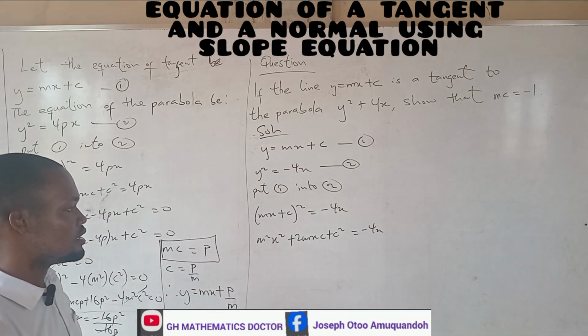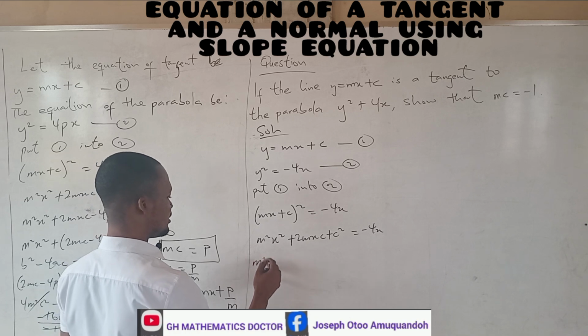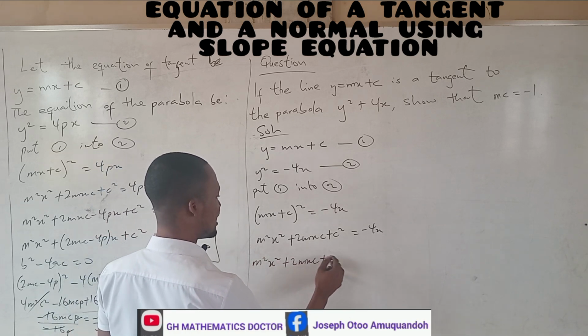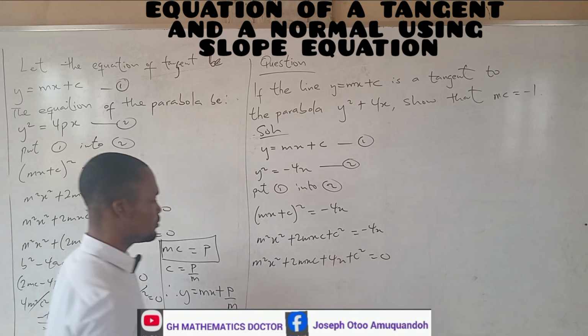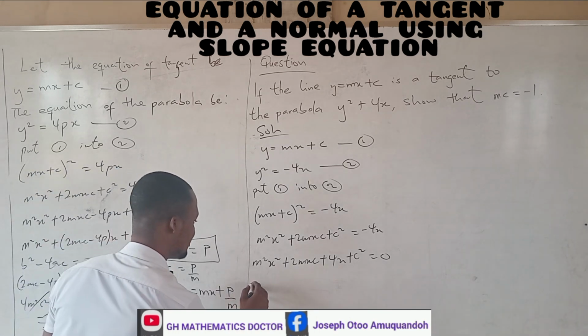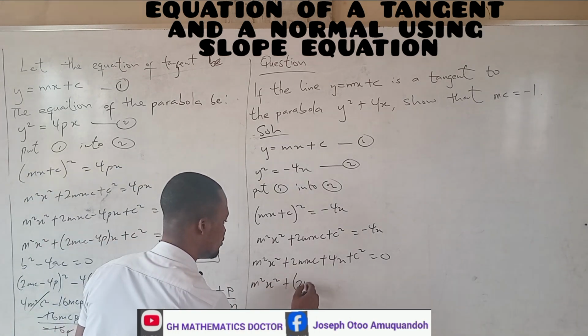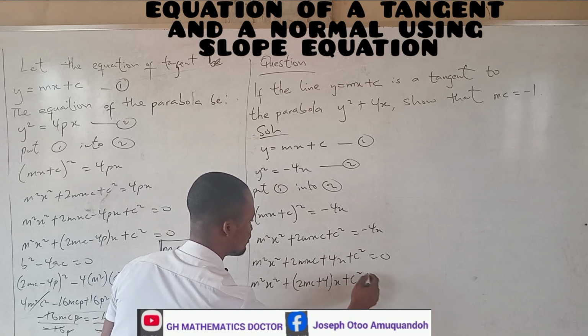Then equate this to 0 by bringing negative 4x to the left hand side. So we have m squared x squared plus 2mxc plus 4x plus c squared equal to 0. Then for the middle terms, you take the x out and write the rest in brackets. So m squared x squared plus (2mc plus 4)x plus c squared equal to 0.